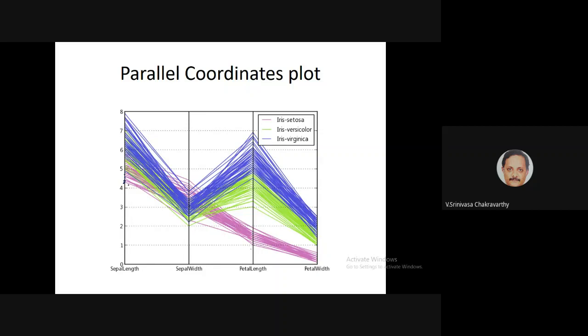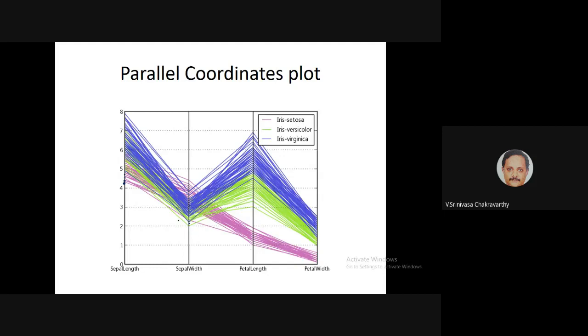For a given data point, since it has 4 dimensions, you'll have 4 corresponding points on these lines. Now connect them using a purple line, which will be a piecewise linear curve.